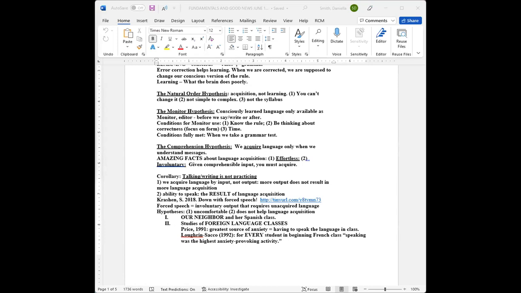There are very powerful constraints that prevent us from using grammar. If you want to use grammar, the way we use it is as an editor. If you're saying something in another language and you realize you're about to make a mistake, before you speak, sometimes you examine the rule and you make corrections and then you say it. This is called monitoring or editing.